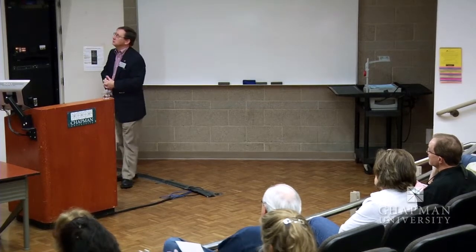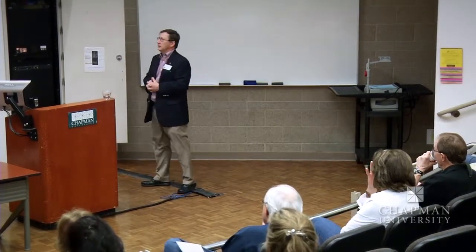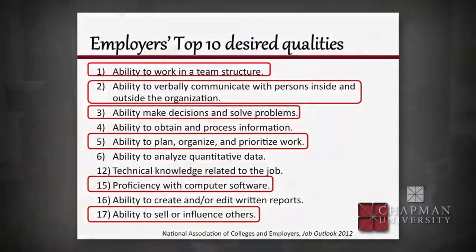Our student government has a $250,000 budget that they allocate. And so when they give this group X amount and this one double X, there's consequences to that. And there's real decisions to be made. And so having to learn how to do that in a kind of a laboratory setting outside the classroom is very beneficial. Again, ability to plan, organize, proficiency with computer software.